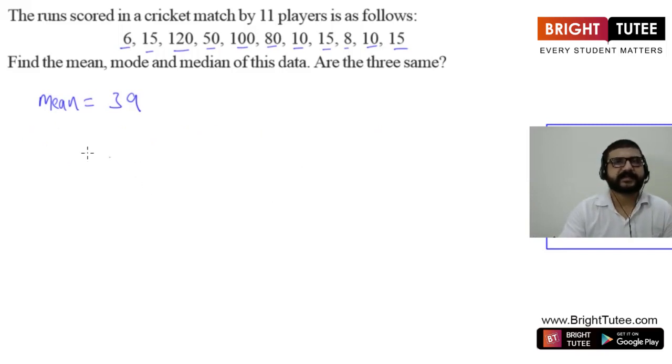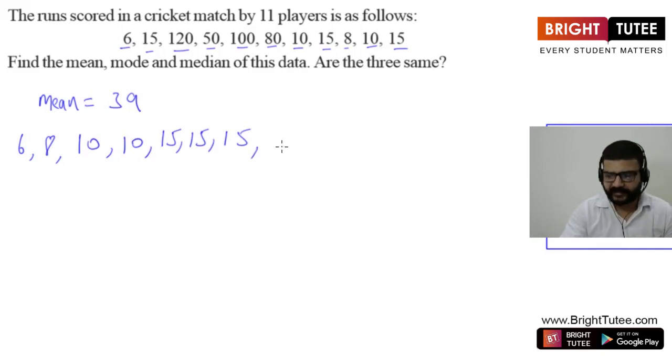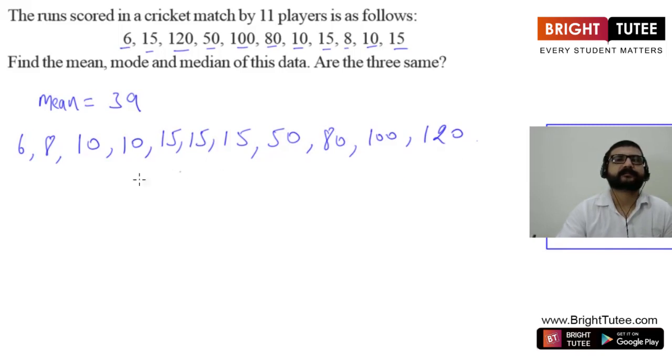The ascending order of the data will be 6, 8, 10, which will come 2 times because it has occurred 2 times in the data, and then we will have 15, which will come 3 times, as we can see in the data. And after 15 we will be having 50 and then 80, 100 and then 120. So this is the data in the ascending order.